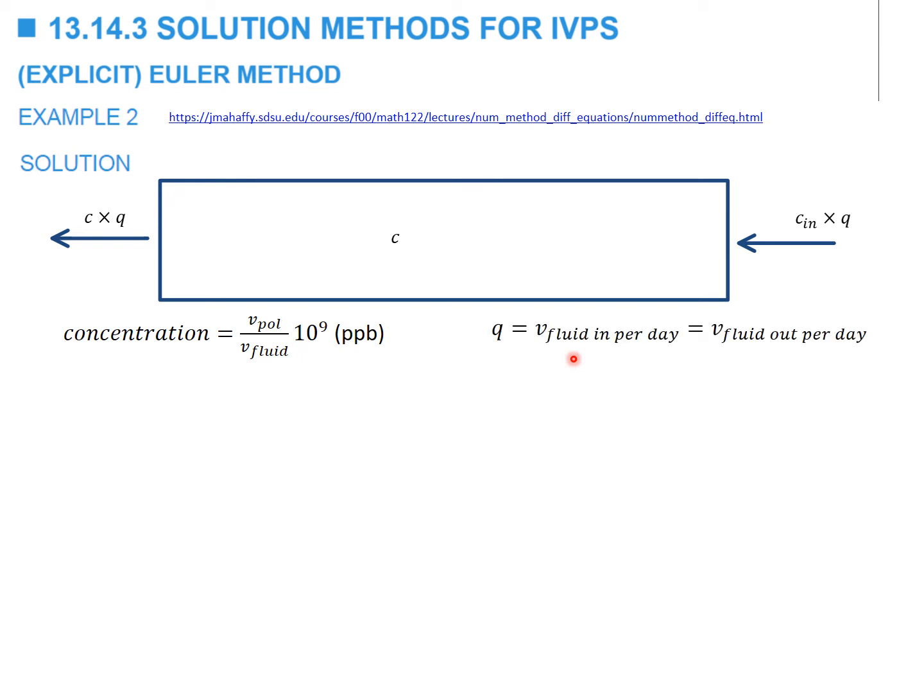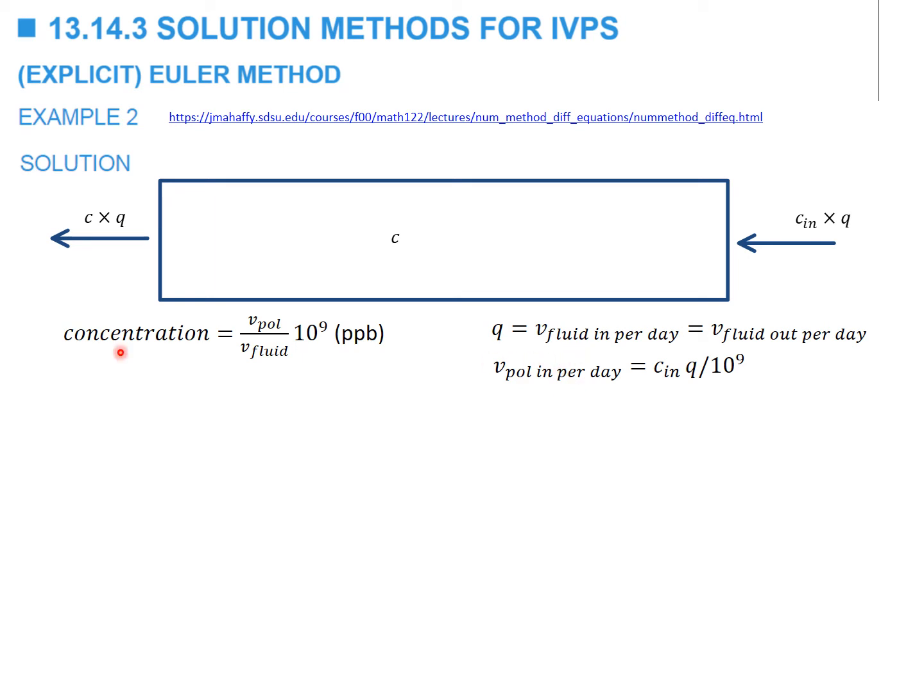Q, which is given in the problem, is equal to the volume of the fluid that's coming into the lake per day, which is also equal to the volume of the fluid that's going out of the lake per day. And so Q is equal to the volume of fluid coming in per day, or the volume of fluid leaving per day.